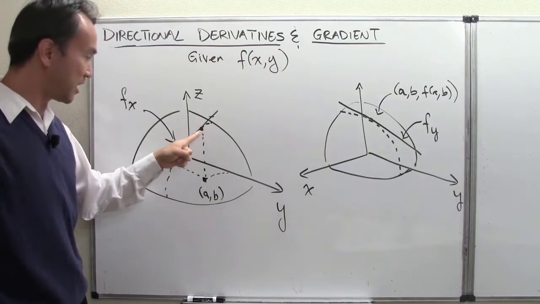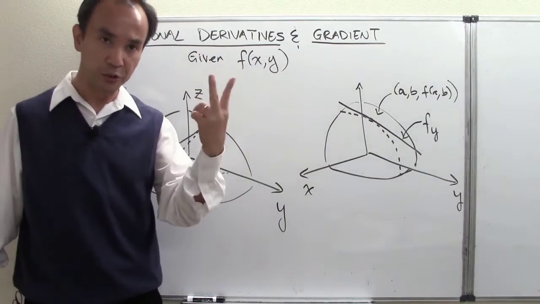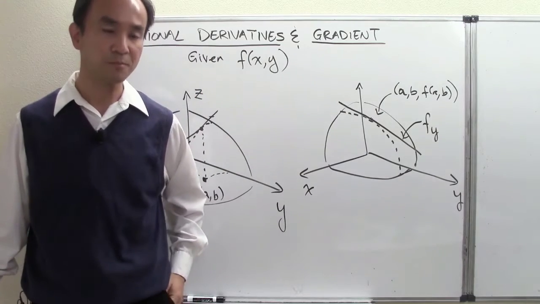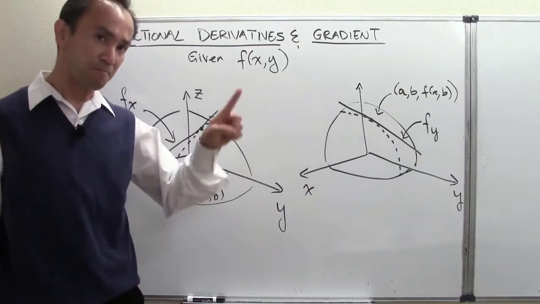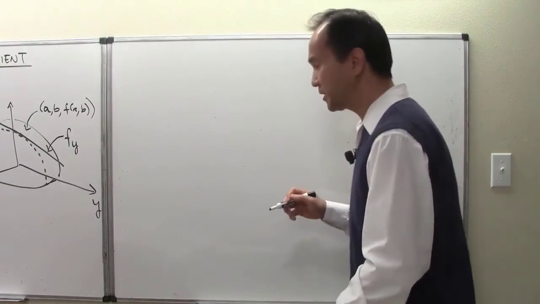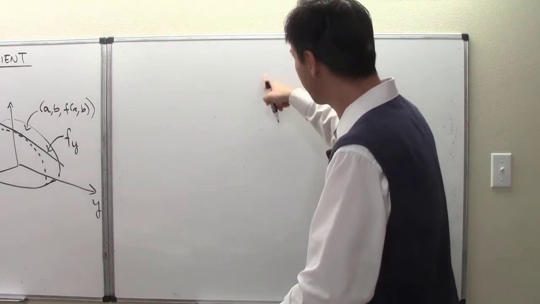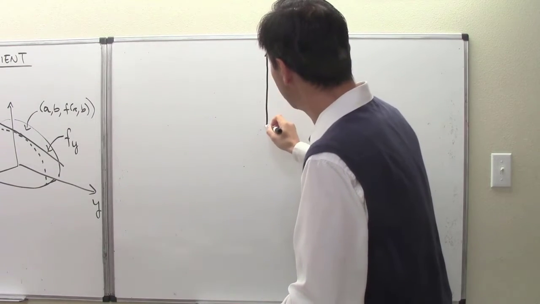Then we can find f sub x and f sub y, two different kinds of derivatives, two different partial derivatives. So that's what it is. But now, think about this case right here, the same function that we have as a given function.